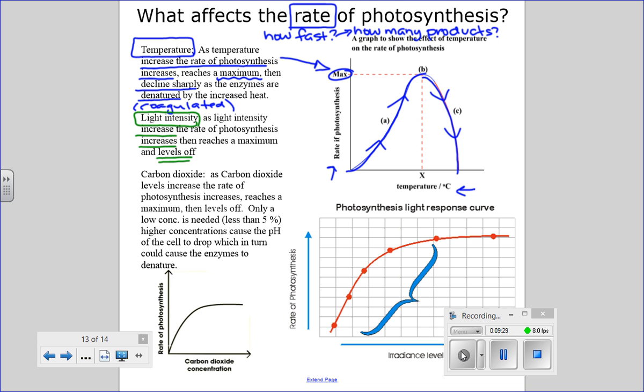Now we're not talking about heat here, so I'm not talking about it's too hot and the enzymes can't function. The reason that as light intensity increases, maybe the rate of photosynthesis does not anymore, is that there are only so many molecules of chlorophyll. There's a limit to how much light can be absorbed at one time.